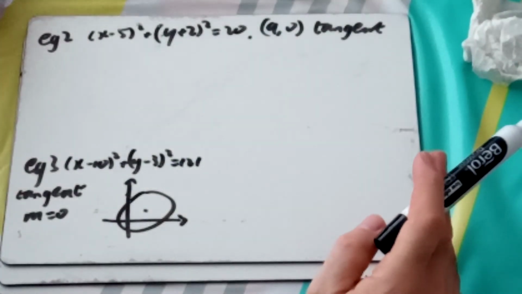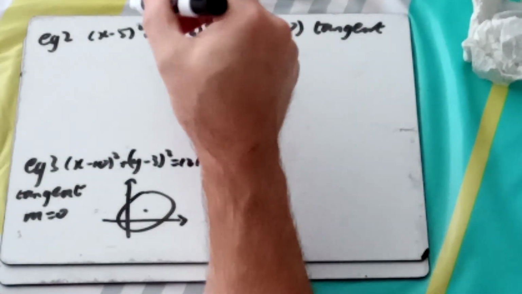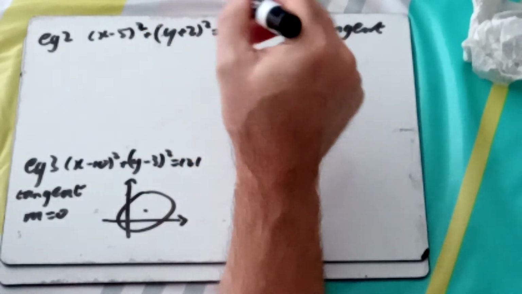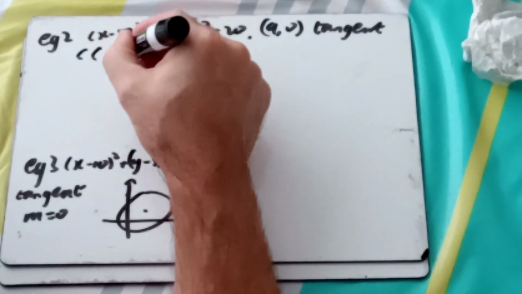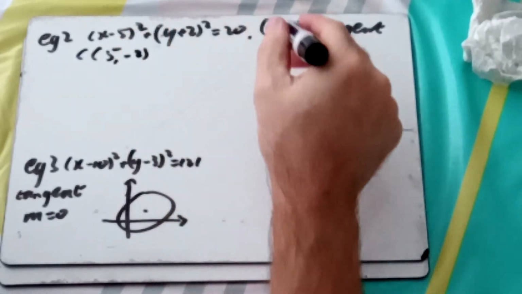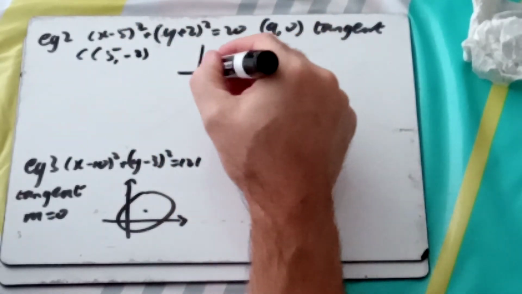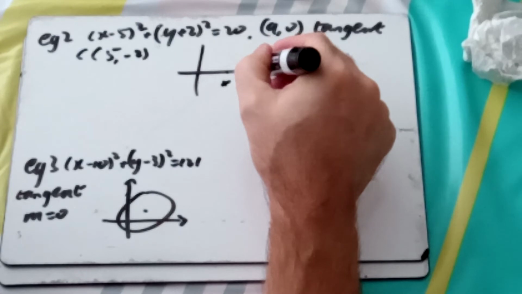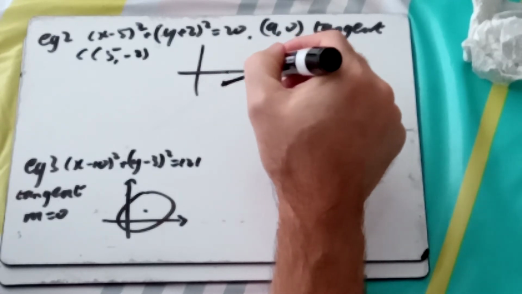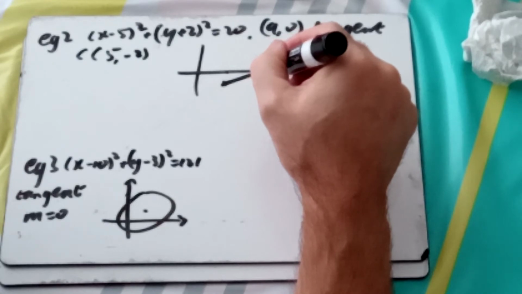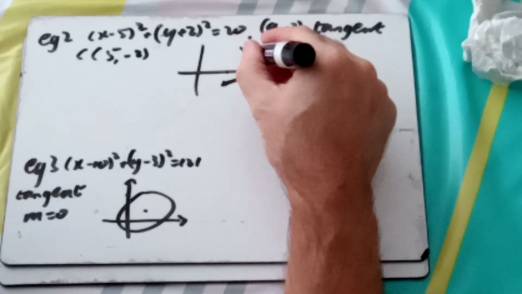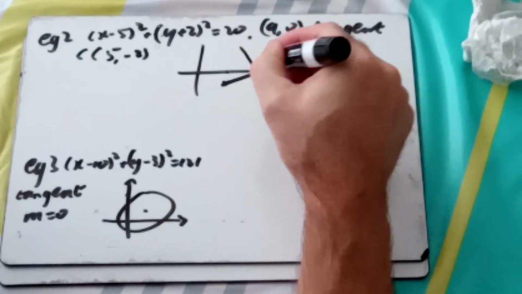A couple more examples then, to do the tangent in exactly the same way. They've already given me this, so I can read off the centre as 5 comma minus 2, and I want 9, 0. So 5, minus 2 is down there, 9, 0 is up here, so that's my normal there, and I want the tangent through 9, 0, I want that line there.